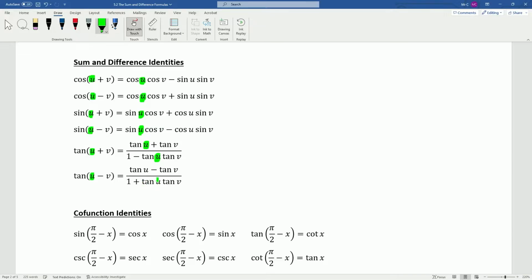It'll help it stick out. Oh, I missed a whole bunch of green ones, a whole bunch of the u's. There we go.